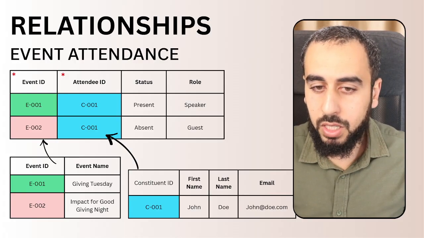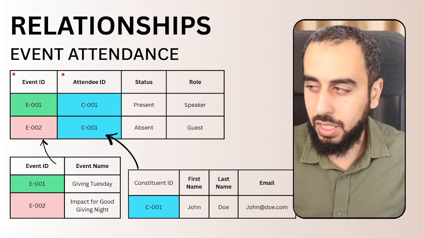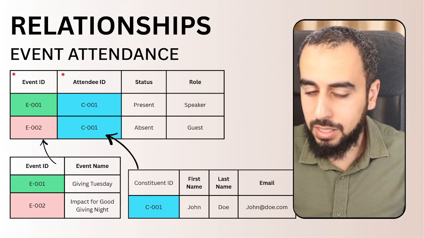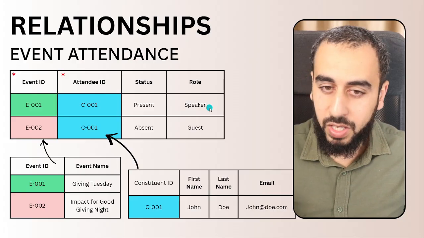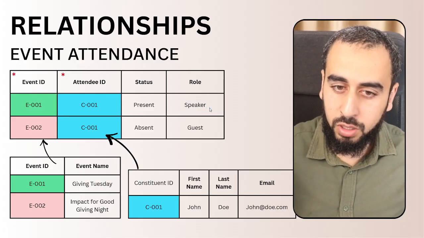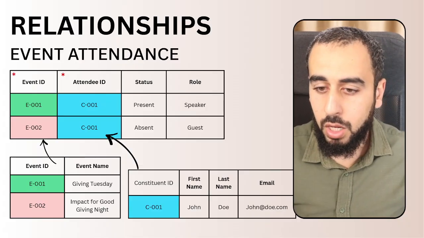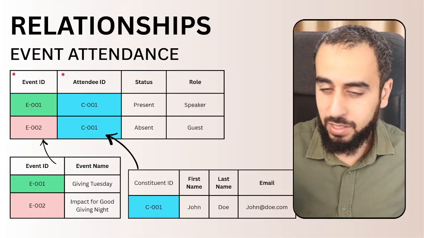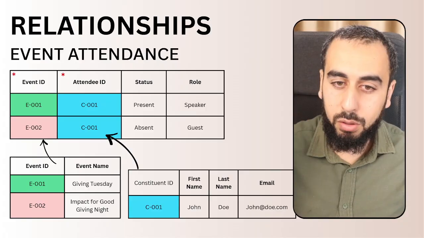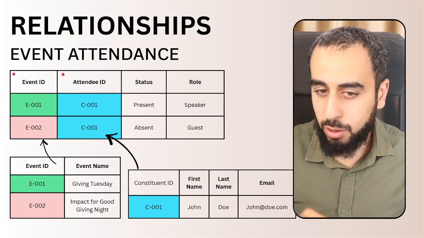So if one person is a speaker and a coordinator in the same event, we could approach this in multiple ways. You could have a role for speaker, another role for coordinator, a third role for speaker and coordinator. Alternatively, you could create one record, one row for them as a speaker, and then another event attendance row for them as a coordinator.